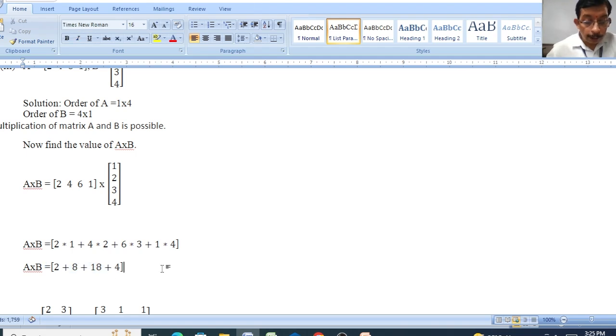Then the final result of A cross B: 2 plus 8 plus 18 plus 4 is 32. The final result is 32. This is the answer of A cross B.